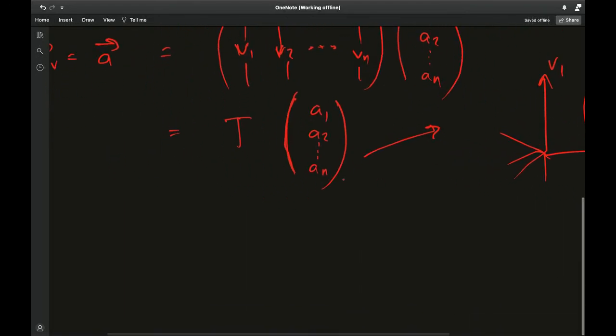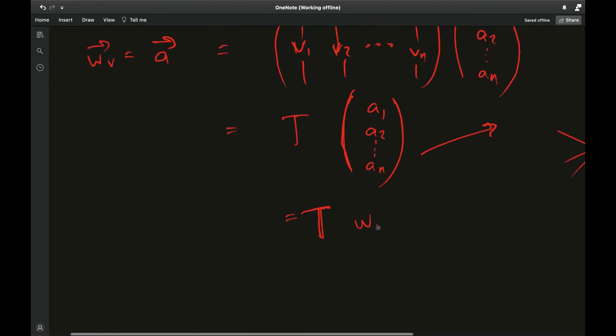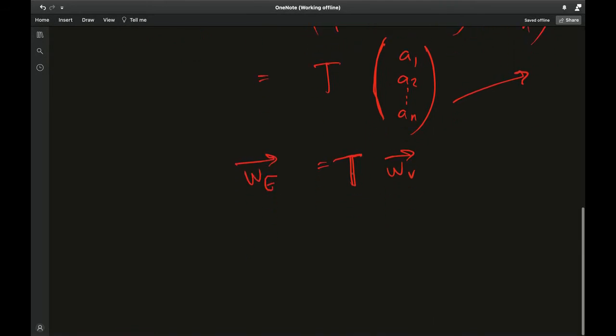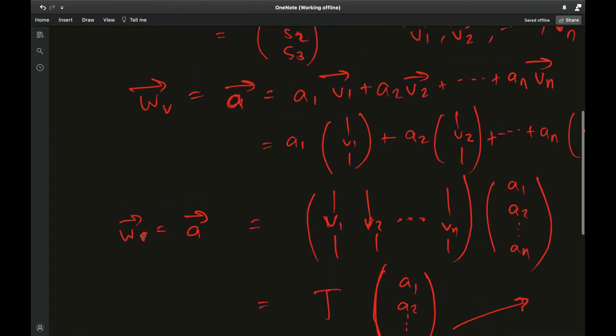So it's actually W expressed in a different basis. Then this T is the transformation matrix from basis V to basis E, because if you apply that on a vector expressed in basis V, it gives you a vector W.